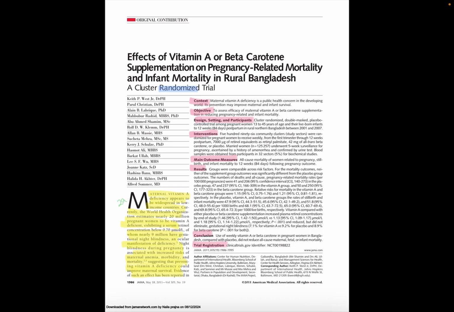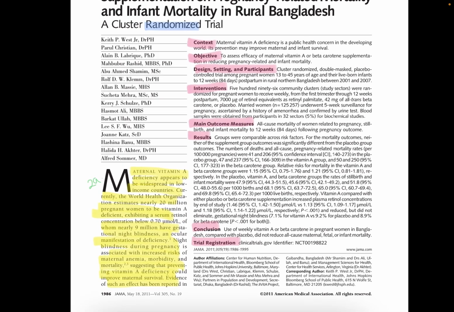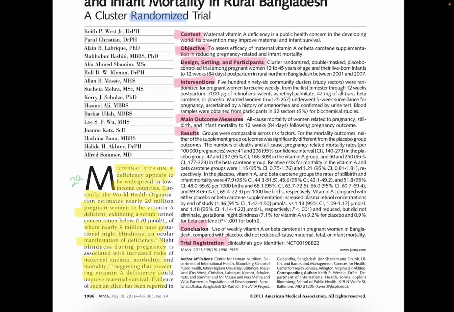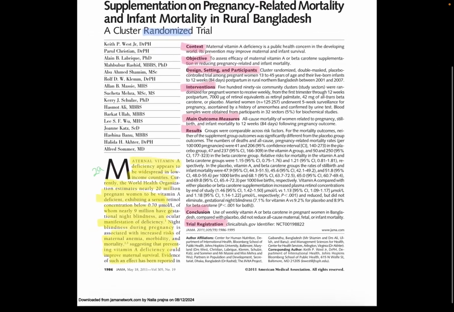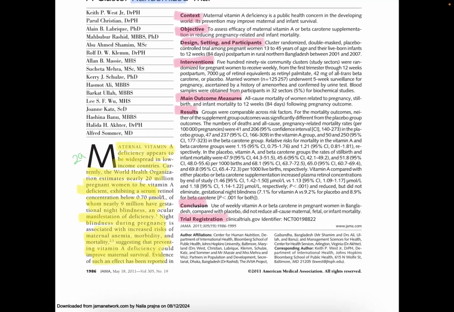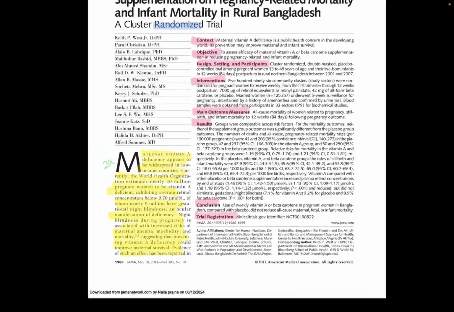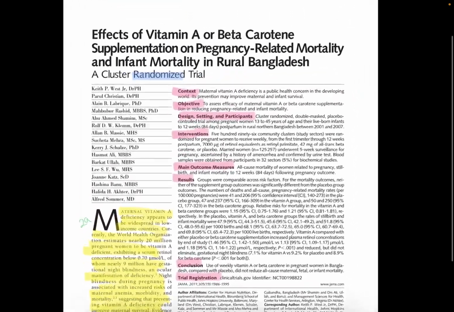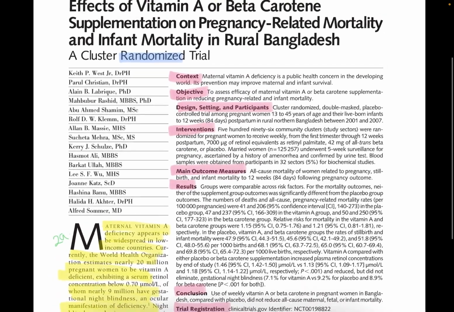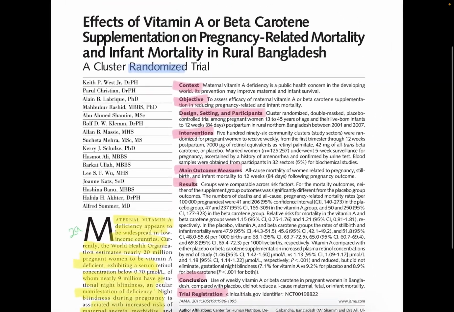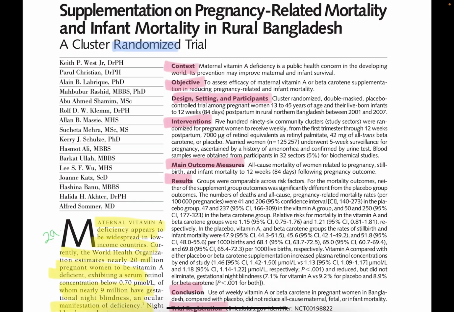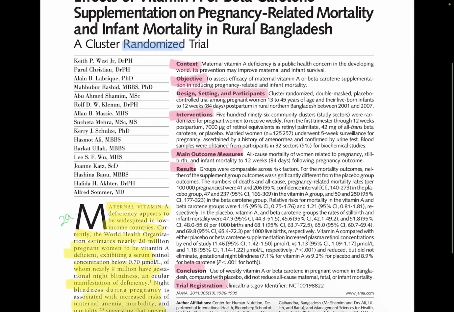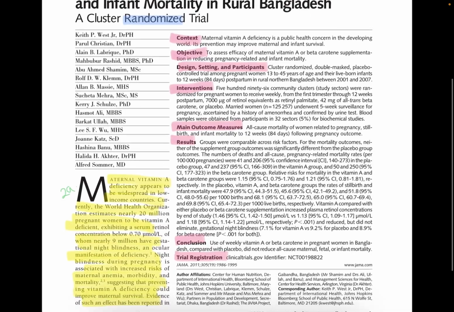Let's begin the introduction. So first, the introduction is the yellow one. The checklist content is objective, design, intervention, main outcome measure, result, and conclusion.